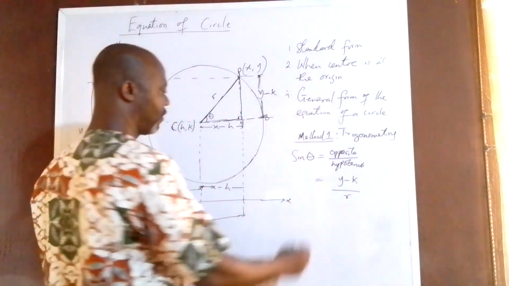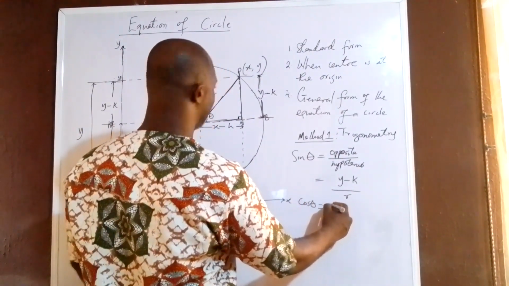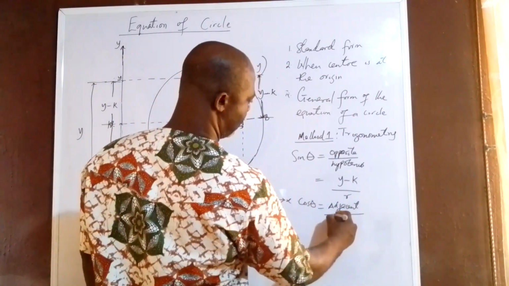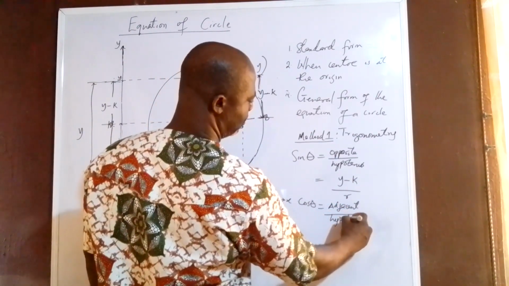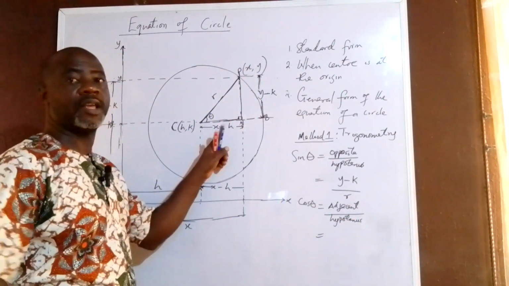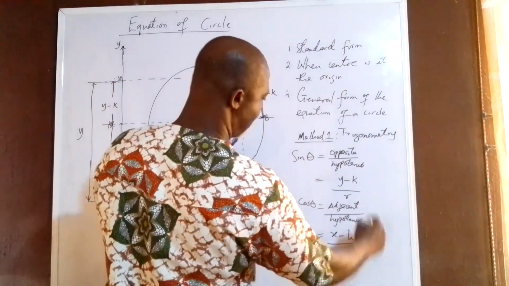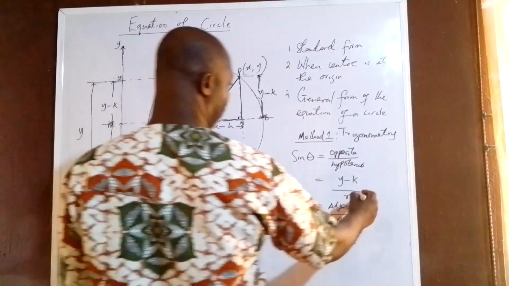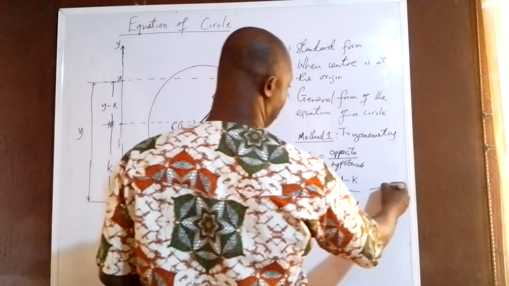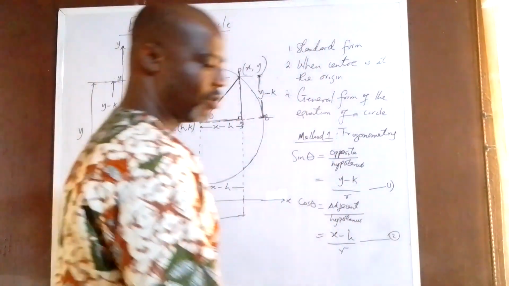Then of course we have cos theta. Cosine is adjacent over hypotenuse, which will give us the adjacent x minus h over r. Let's call this 1, and we'll call this 2.